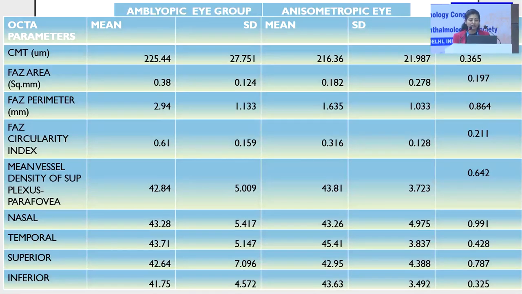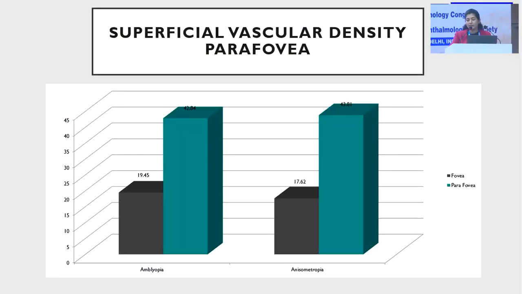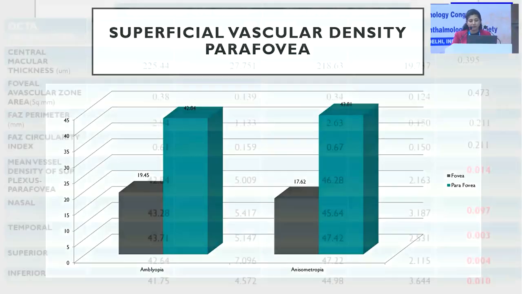The 4 quadrants, nasal, temporal, superior and inferior, were noted, and we compared that of the amblyopic group to that of anisometropic group. We found that there is no statistically significant difference between these two groups. This is the bar diagram of the same.